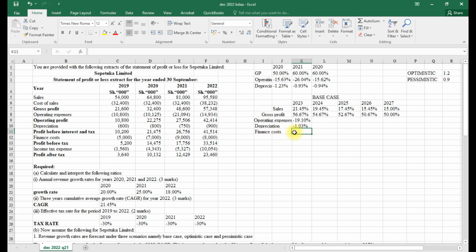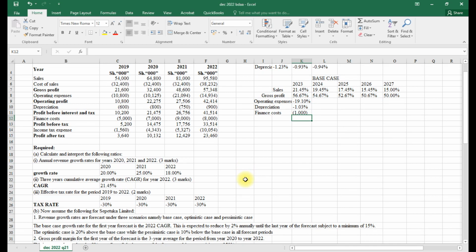So this will be equals to this, you can put a plus, I minus this, so that we get negative. Then that one is opposite, because already it's negative. I'll minus, then this minus this, so that it becomes a positive here. Reduction of 1,000 each year.